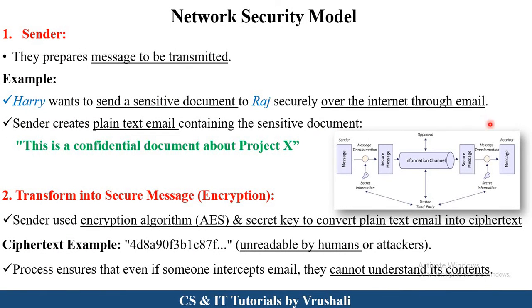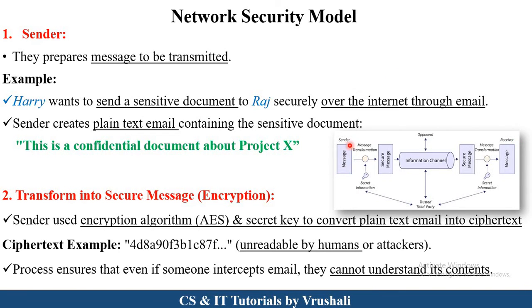Now see here in this image, there is a sender and a receiver. Assume the name of the sender is Harry and the name of the receiver is Raj. Suppose Harry wants to send a mail containing sensitive information to the receiver.